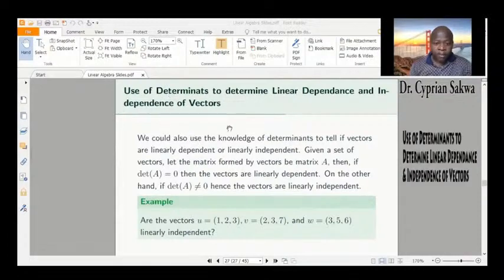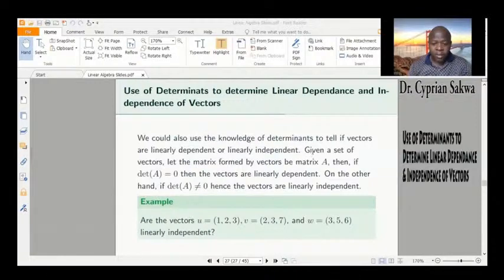Supposing I'm given a set of vectors, what we'll be doing is extracting the coefficients of those vectors, writing them as matrices, and then obtaining the determinant of the matrix formed.